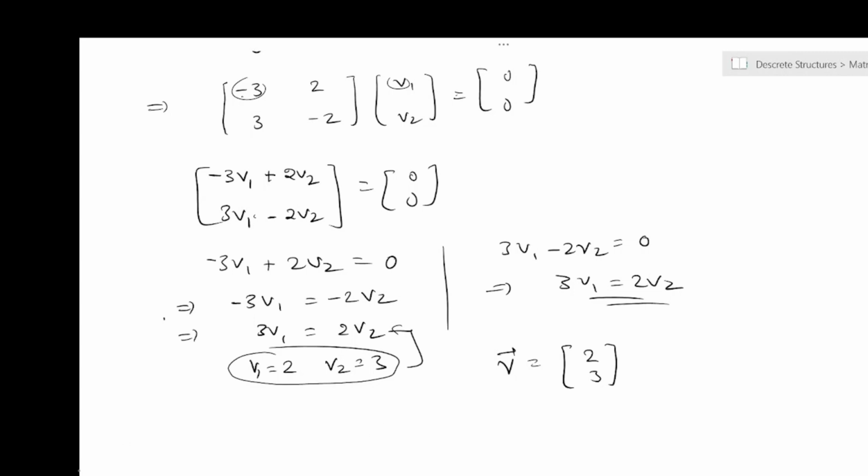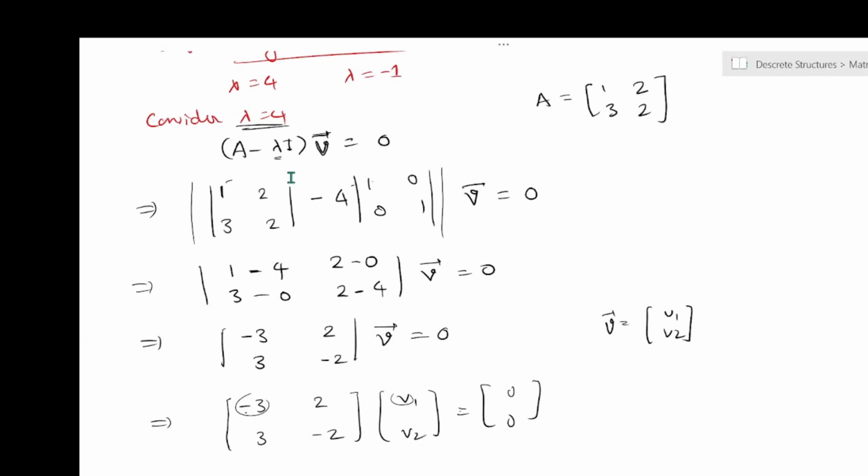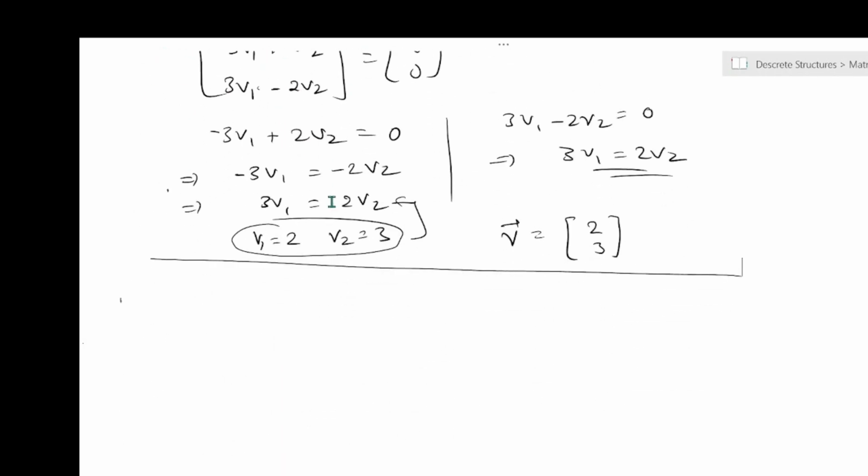Okay, now this was when lambda was equal to 4. Now coming to the next one, when lambda is equal to minus 1. We are going to have (A minus lambda I) times the vector is equal to 0. Now substitute the value of lambda.